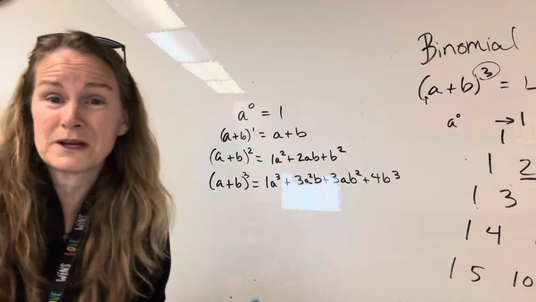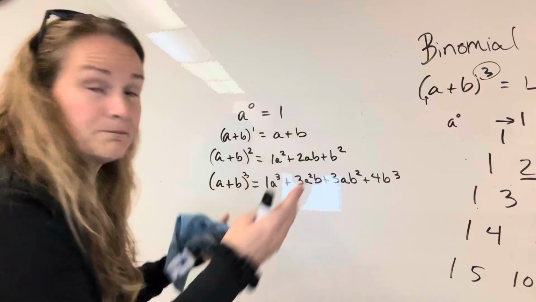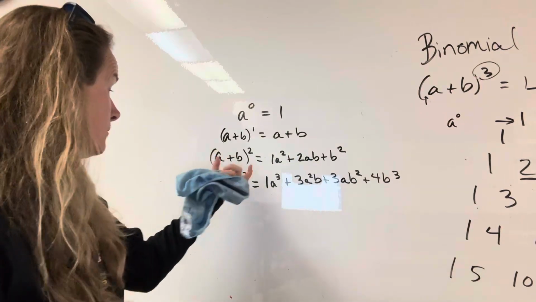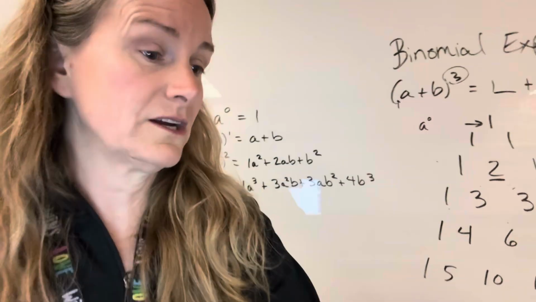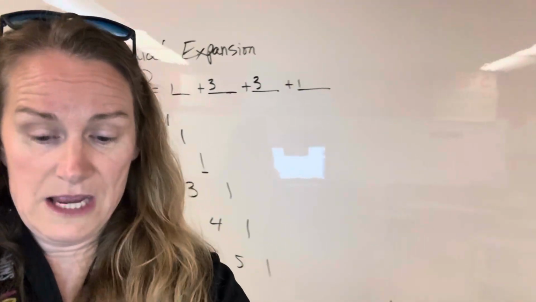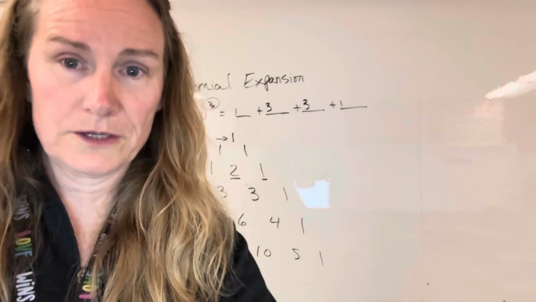So now you can pretty much get any binomial to a degree. You would know how to expand it. So if you come back over here and they were to say, hey, we want you to expand, sorry, I should have paused it.